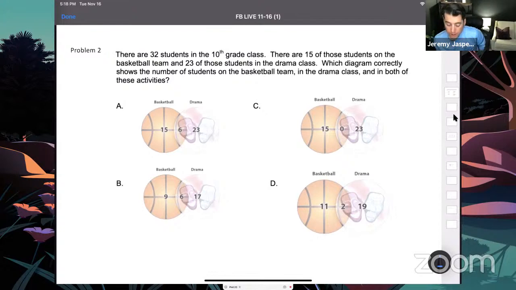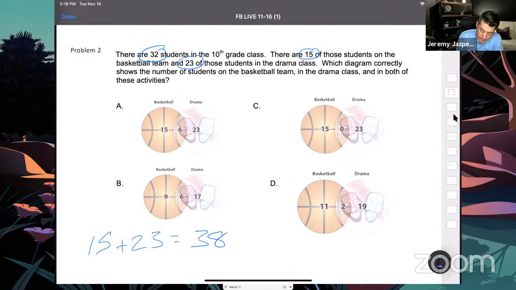Okay, so showing that we have 32 students total, there are only two possibilities. They can go basketball and drama. So they have 15 in basketball and 23 in drama. Well, if I just do a quick math, 15 plus 23, I'm going to get 38.